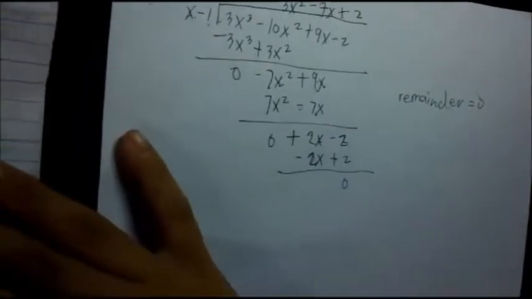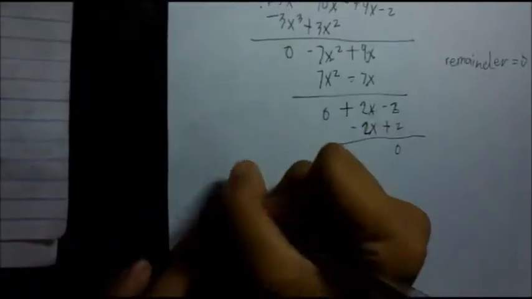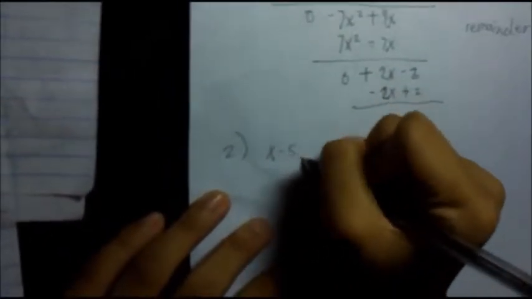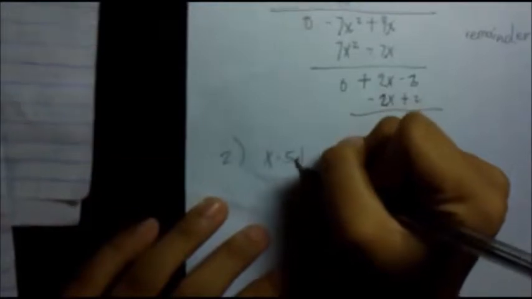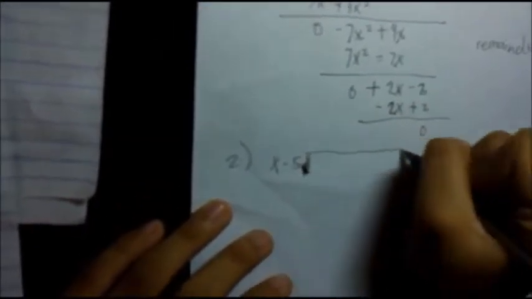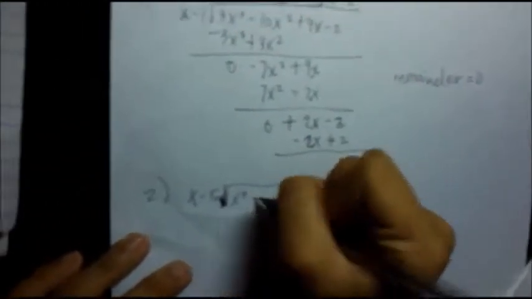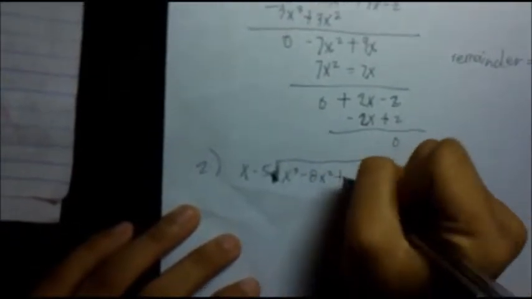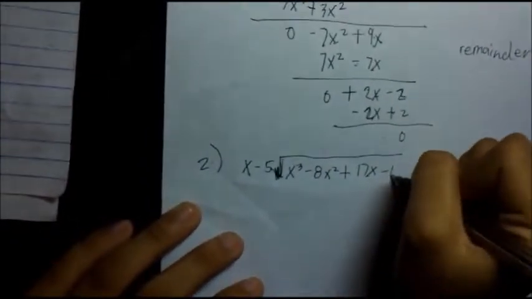Then, our next example is x minus 5 squared divided by x cubed minus 8x squared plus 17x minus 10.